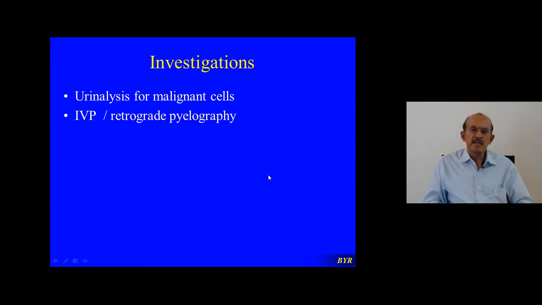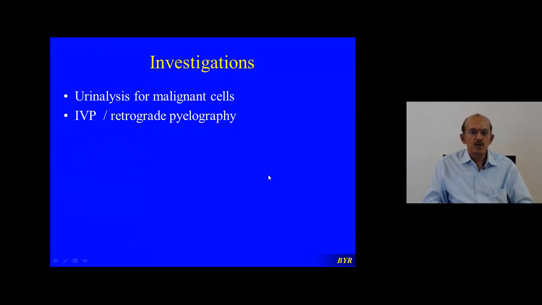The dye is excreted by the kidneys into the pelvis and ureters. Then you take the X-rays. That is intravenous pyelography. Then retrograde pyelography means you don't inject any dye into the veins. Simply what you do is you do cystoscopy. In the cystoscopy, you will visualize the ureteric orifices.